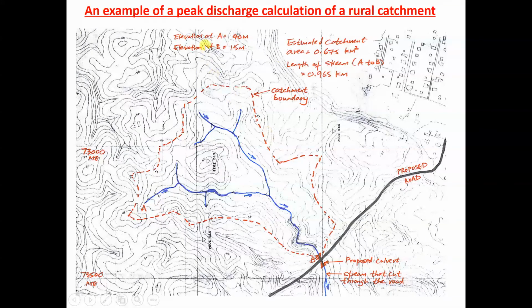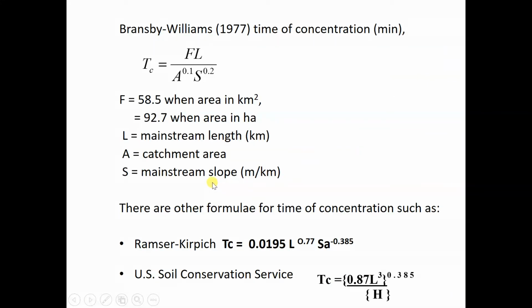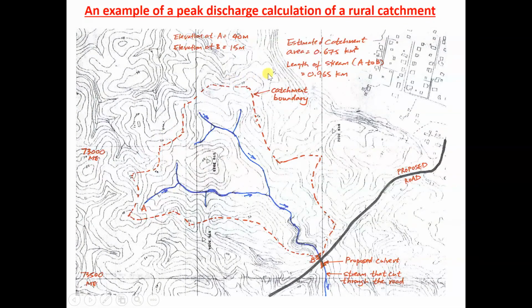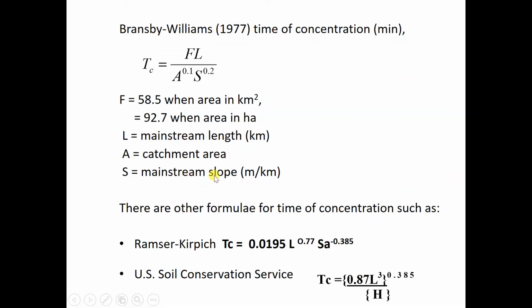So this one is 40 meter, and B here is 50 meter. We know the length, we know the catchment, and we know the elevations, then we can find the slope. The slope is the drop divided by the length. We will see the example later on.